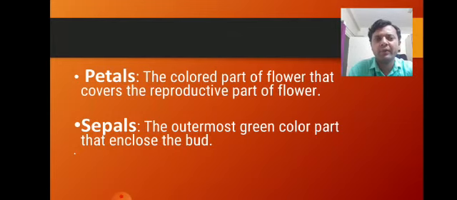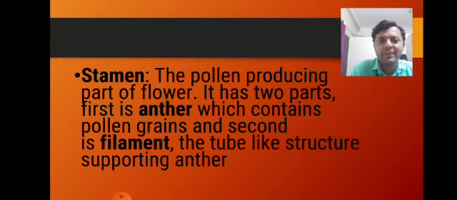Okay, moving on. What is stamen? See, stamen, broadly I would like to tell you about stamen. Stamen you can take as a male reproductive part of a flower. If broadly, then see what is given here, the pollen producing part of a flower.